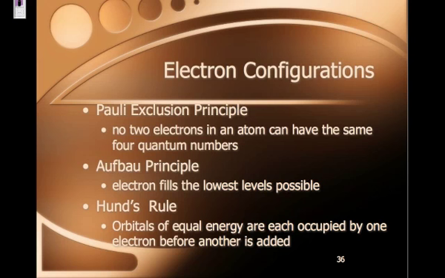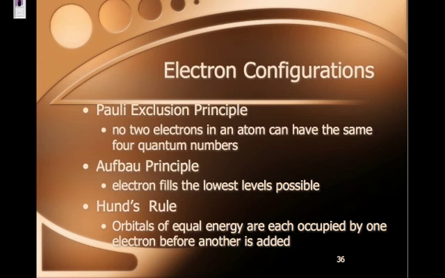Hund's rule is that orbitals of equal energy are each occupied by one electron before another is added. If we are dealing with the 2p sublevel here, we have 3 orbitals, and 2 electrons can be in each orbital. But when they fill the orbitals, 1 electron will go in this orbital, 1 electron will go here, 1 electron will go here.